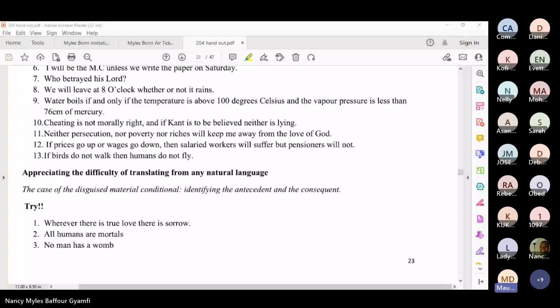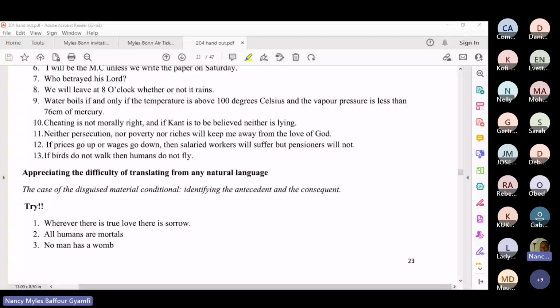Birds do not walk. Right, that is also a conditional. I hope you can see that. If I say birds do not walk, I'm saying if bird, then not walk. So the compound is itself a conditional whose antecedent is also a conditional.